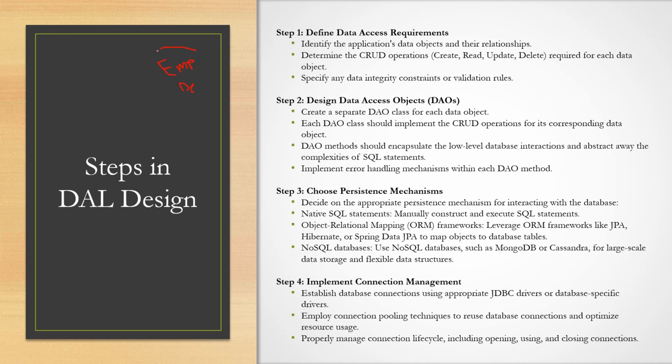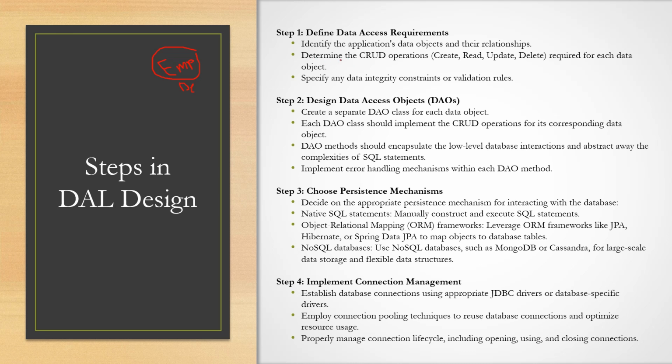Also, we have to identify what operations should be done on these objects. For example, on the employee we want to create employee, save employee, delete employee, and update employee. This is the basic operation, so we have to define these operations as well.